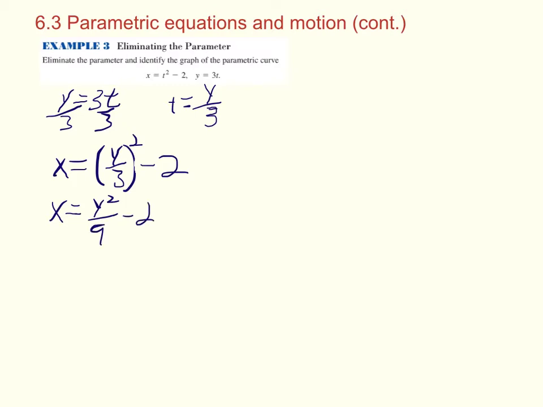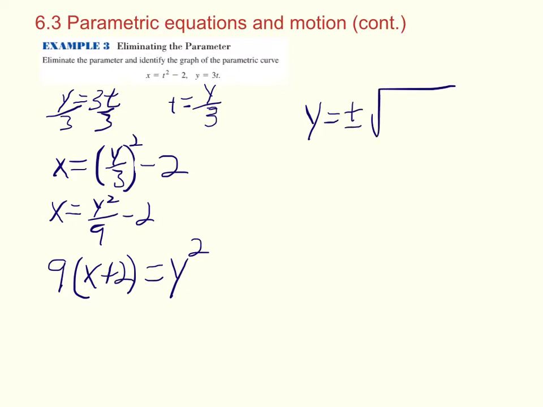So if we add 2 and multiply by 9, we get that 9 times (x plus 2) equals y squared. Now, of course, we can further simplify that and say then that y is going to equal plus or minus the square root of 9 times (x plus 2), which, again, can be further simplified.